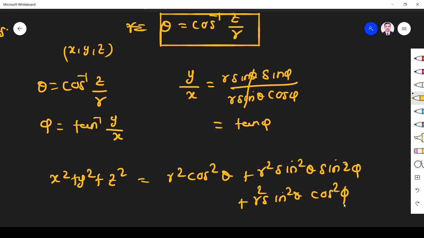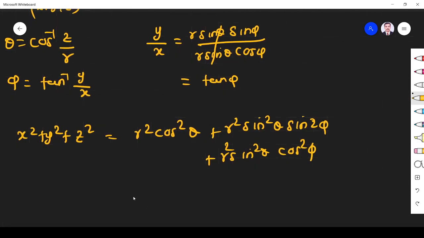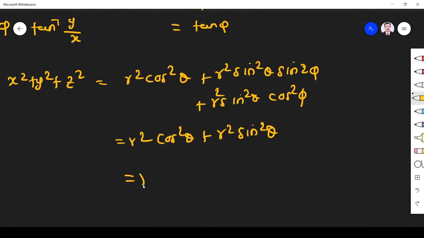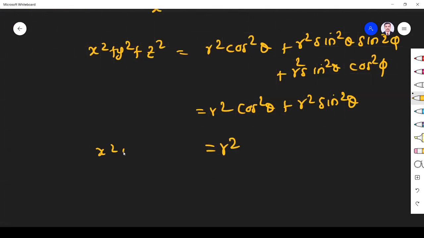If you simplify, r squared sine squared theta is common, and sine squared phi plus cos squared phi is 1. Then r squared is common, and sine squared theta plus cos squared theta is 1. So x squared plus y squared plus z squared is equal to r squared.